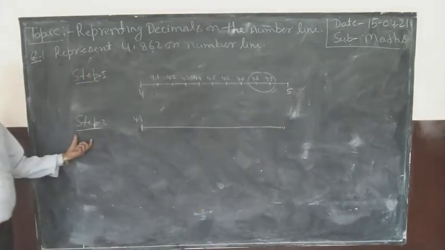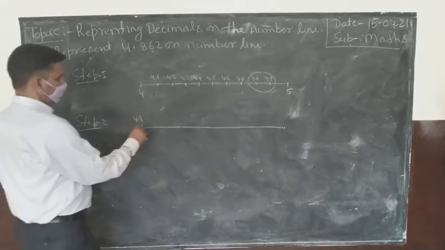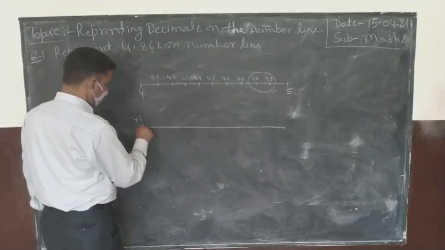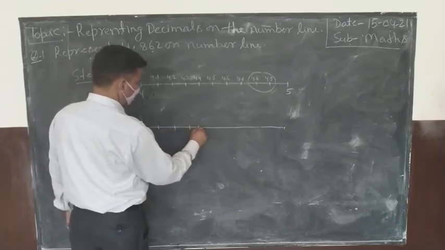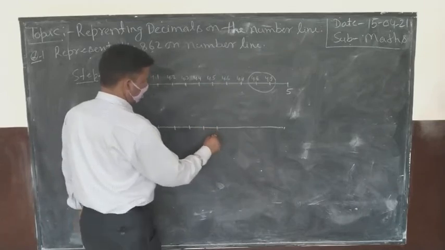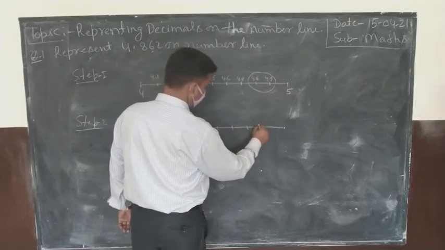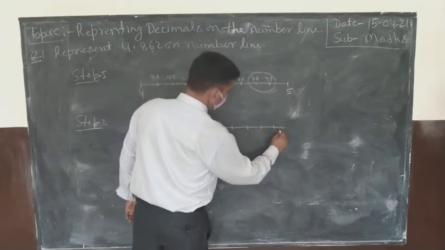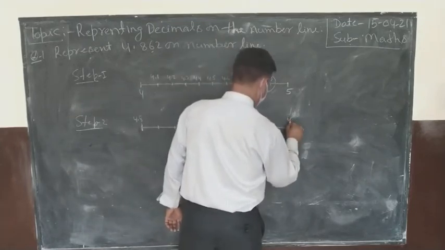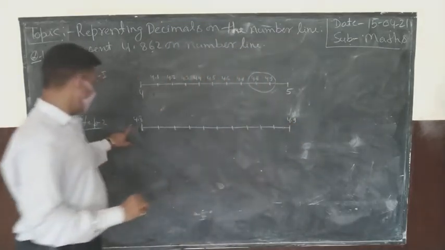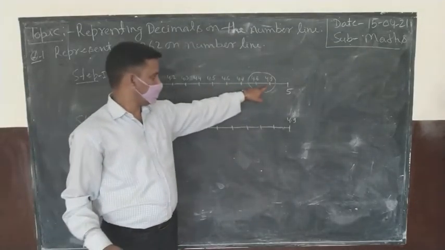Similarly you divide this part again into 10 equal parts: 1, 2, 3, 4, 5, 6, 7, 8, 9 and 10. This digit is 4.9, this one is 4.8. You write this digit on the left side and this digit on the right side.